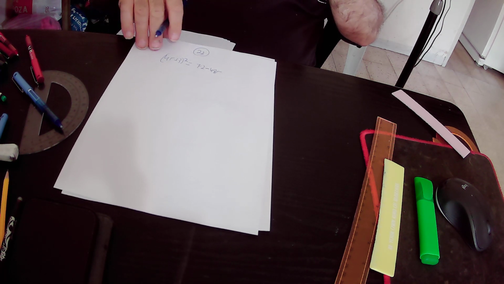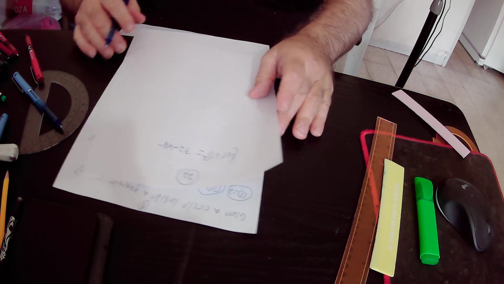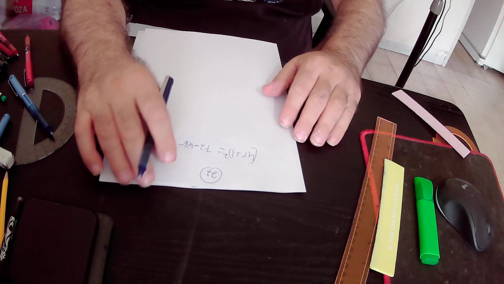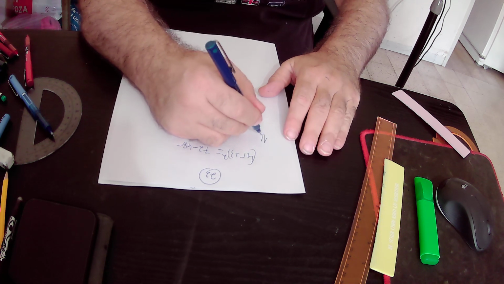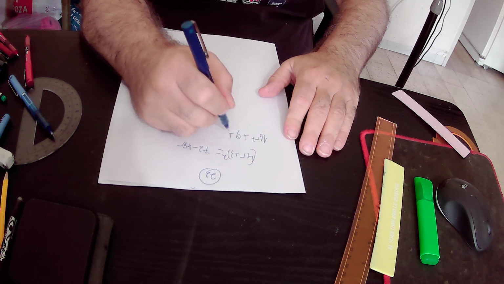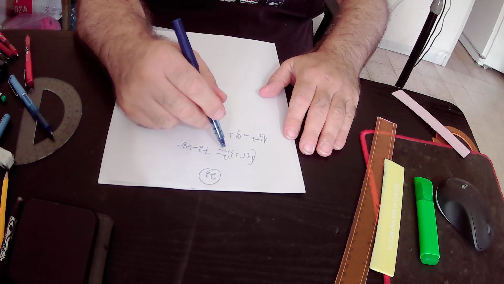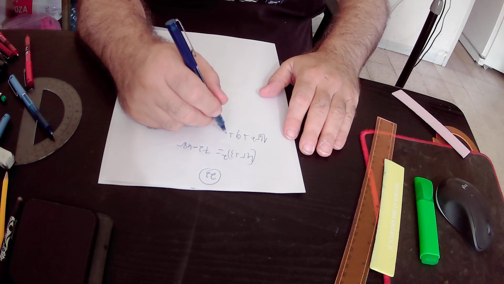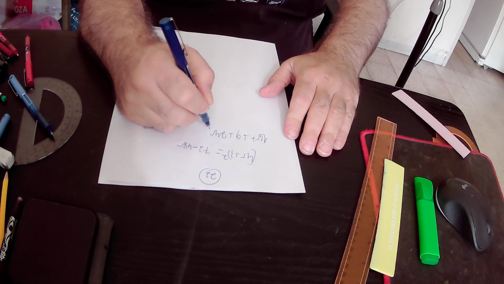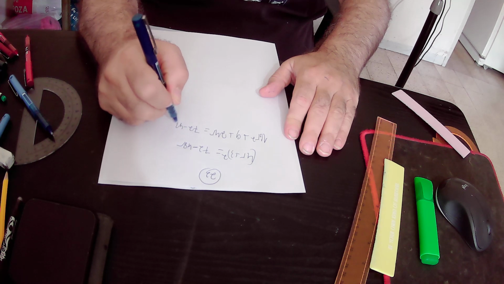Here we will open the brackets on this side of the equality. 4R plus 3 squared is 16R squared plus 9 plus 4R times 3 is 12R, 12R times 2 is 24R, equals 72 minus 48R.